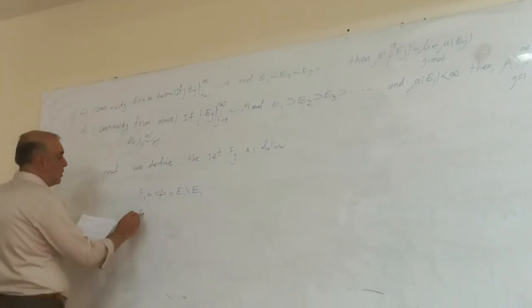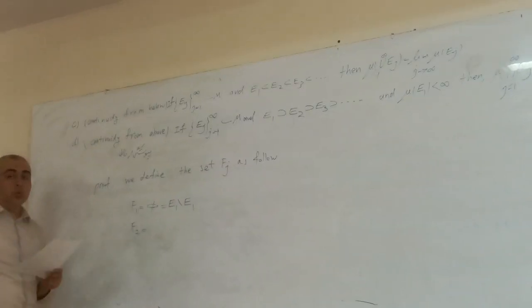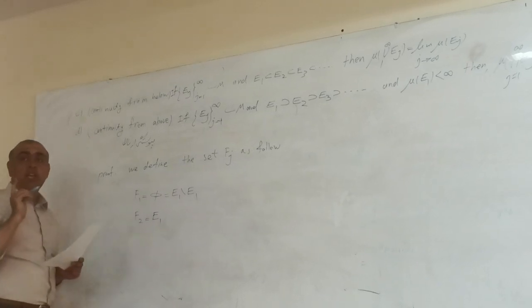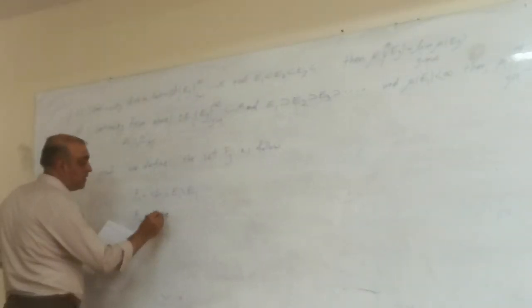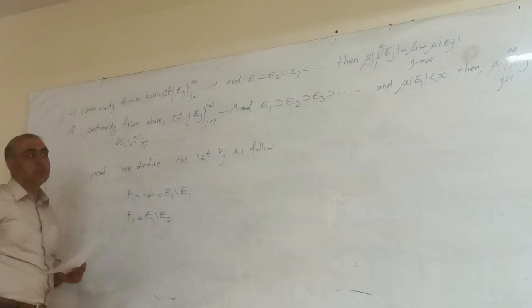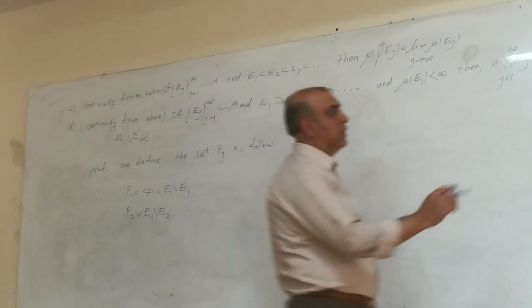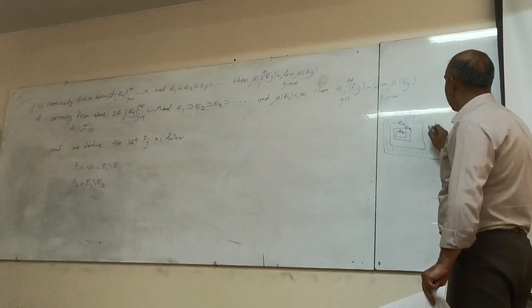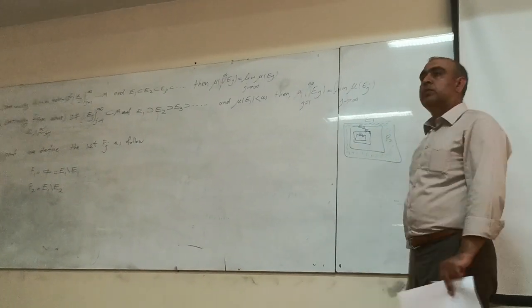F2, we define F2 as E2 difference E1. So here, E2 minus E1 is F2.